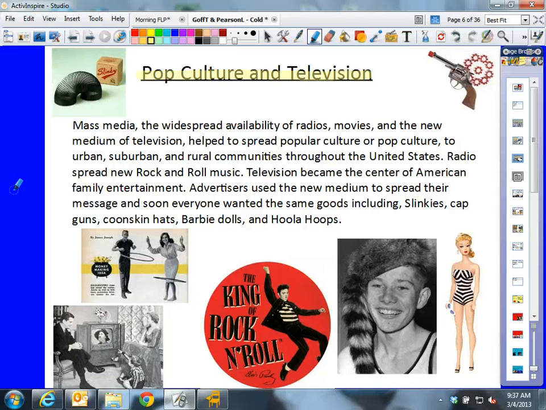Television becomes very important to American society during this time as a way to get information. So some things to keep in mind is the mass media and how that was defined during that time period, and it helped spread popular culture to all these different areas throughout the United States.